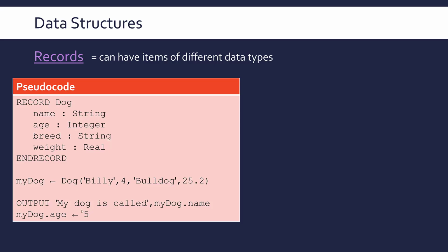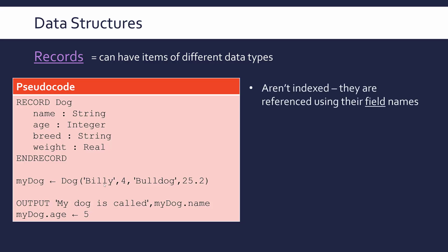Now at the end, I'm using the items being stored. So we don't actually index records, we don't use an index number, we use their name instead. Now as you might recall from SQL in paper 2, you've got records, which are your rows, but the items within a record are called fields. And so name, age, breed, and weight are the fields, and the field names in particular.